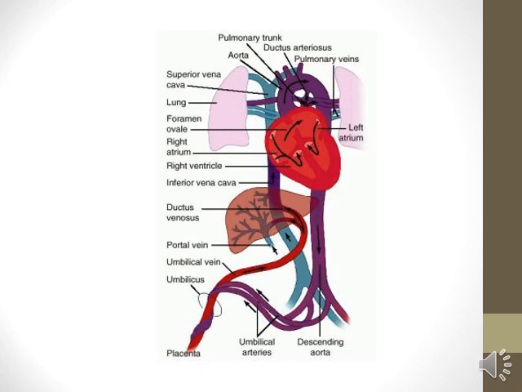From there blood goes to the inferior vena cava by the ductus venosus, bypassing the liver, and from there goes to the right atrium, then to the right ventricle, and from there pumps to the pulmonary artery, shunted by the ductus arteriosus to the systemic circulation. And there is another shunting at the level of the foramen ovale from the right atrium to the left atrium.